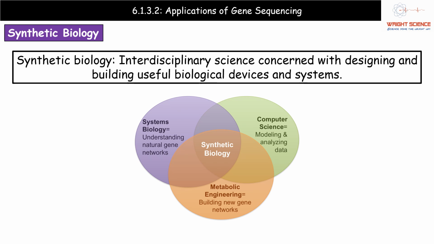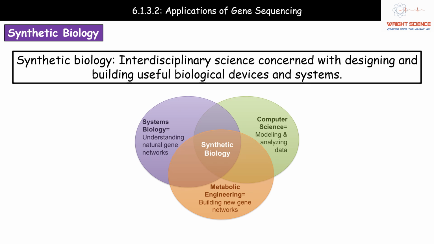The last bit we need to look at is this idea of synthetic biology. Now, synthetic biology is this interdisciplinary science concerned with designing and building useful biological devices and systems. So what we're really looking at here is an overlap of several different areas of science. So we've got the metabolic engineering. So this is obviously using gene networks and building those together.